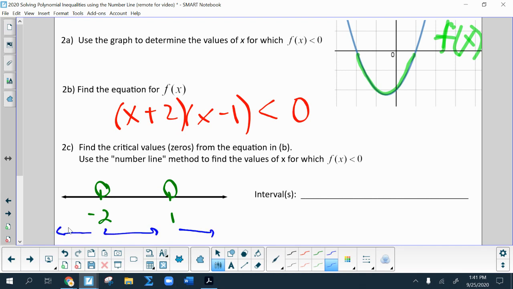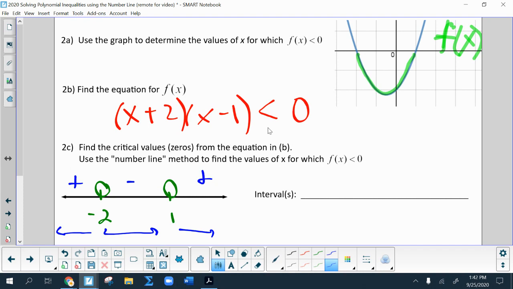Okay, so test to the right of 1, like 2. Put a 2 in for x, I get a positive times a positive, which is a positive. Put something in between negative 2 and 1, like 0, and I get a positive times a negative, which is a negative. And then to the left of negative 2, like negative 3, would be a negative times a negative, which is a positive.